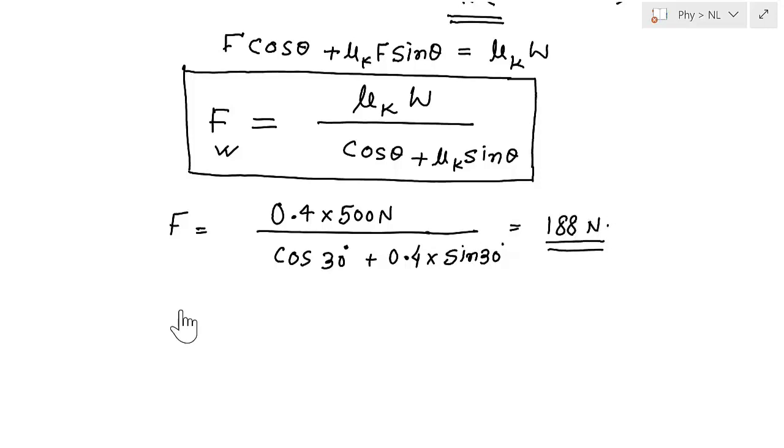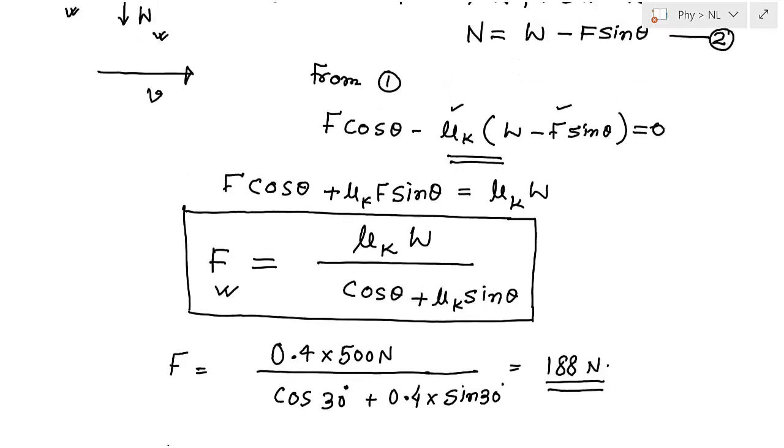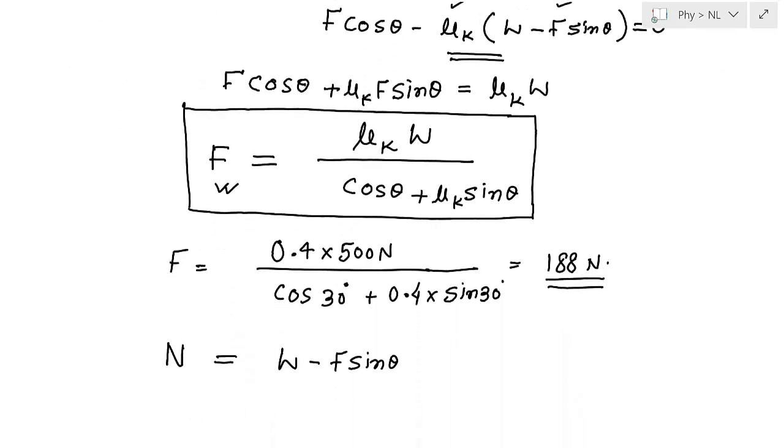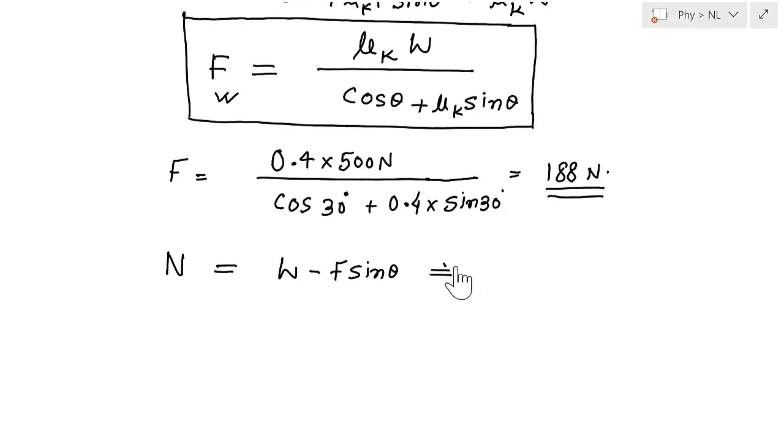You can also calculate the normal reaction because that was unknown. In this problem it is not needed, but we can calculate it, that was W minus F sin theta. We know the value of F, so we can calculate the normal reaction.